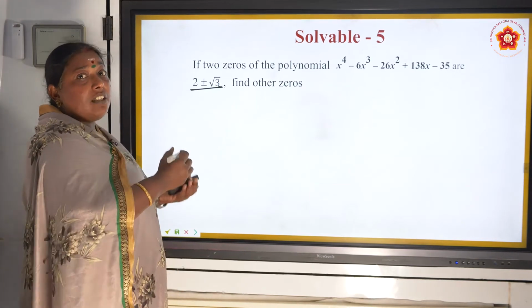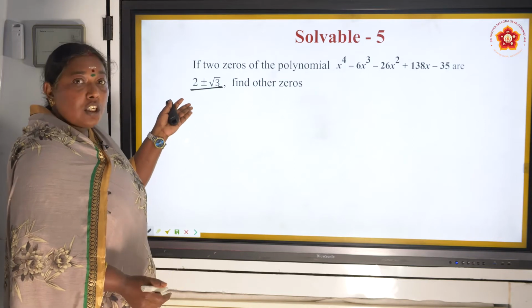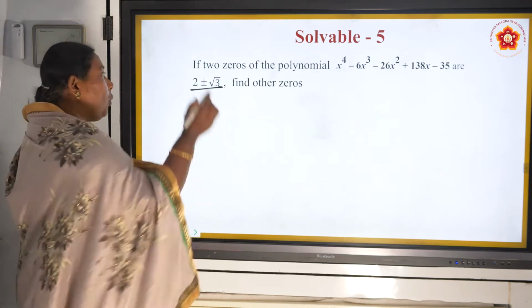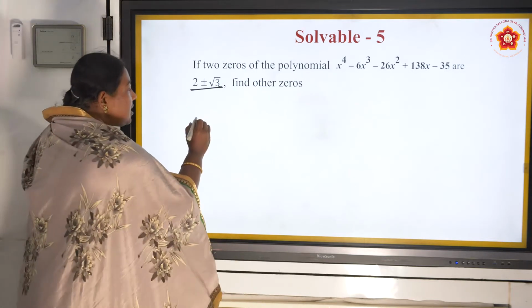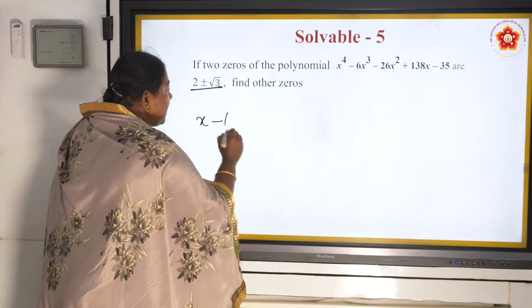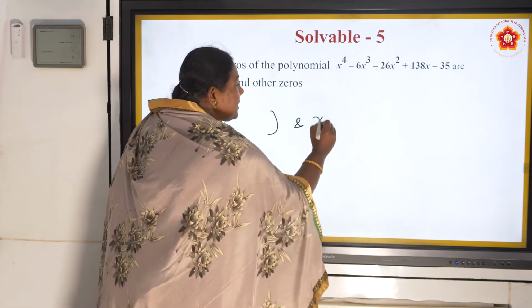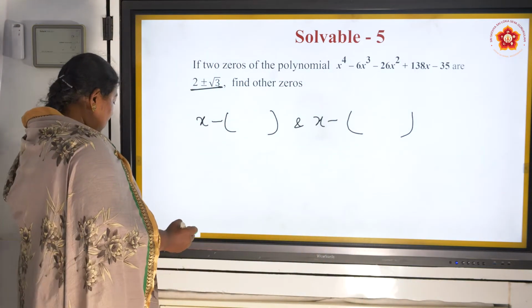If they have given the factor, easily I can write, but they have given us zeros. For that, what I have to do? Very easy one. Whatever the numbers they have given as zeros, just write x minus the first and x minus the second. Okay, so let us see how to write.